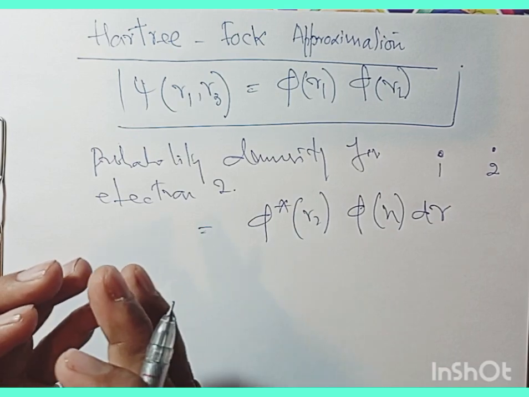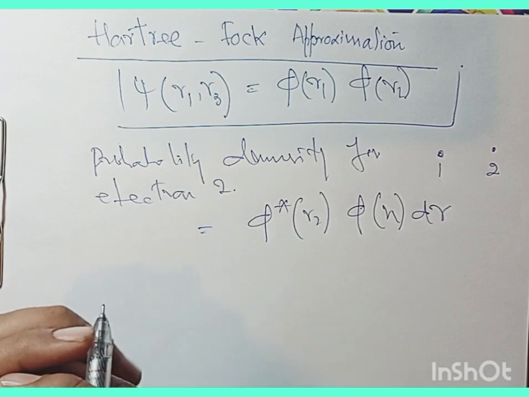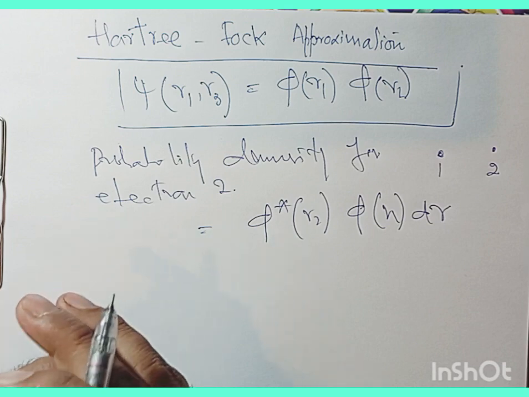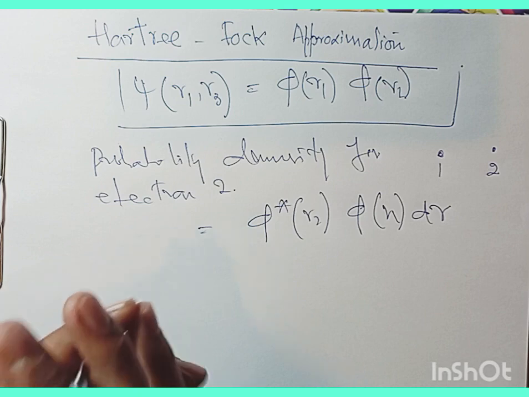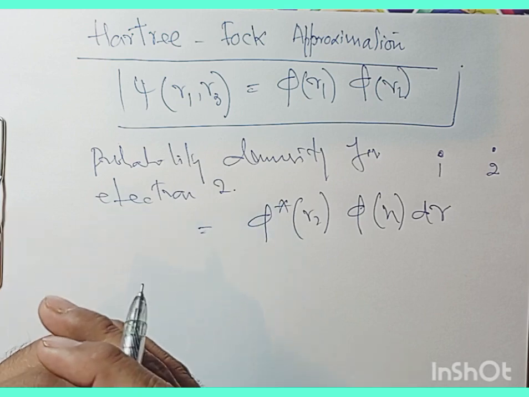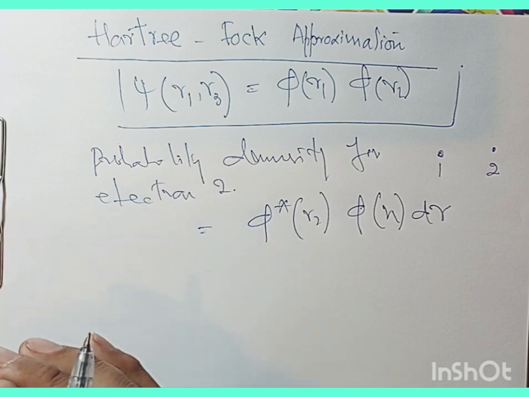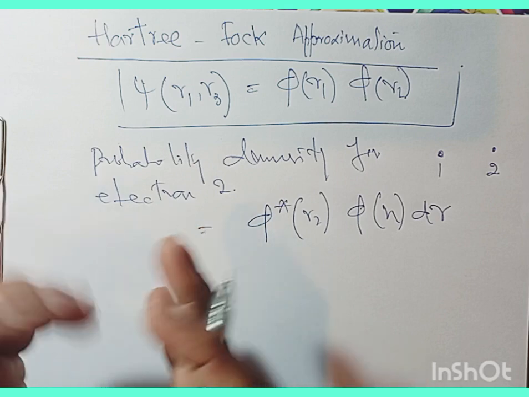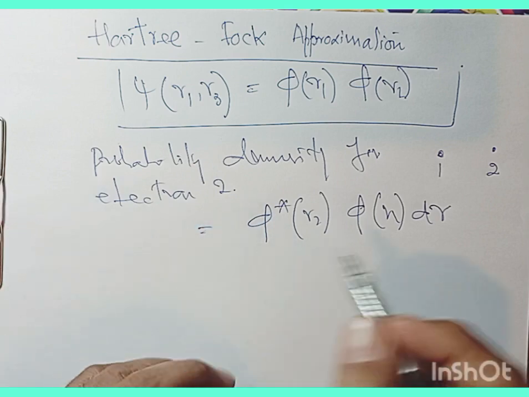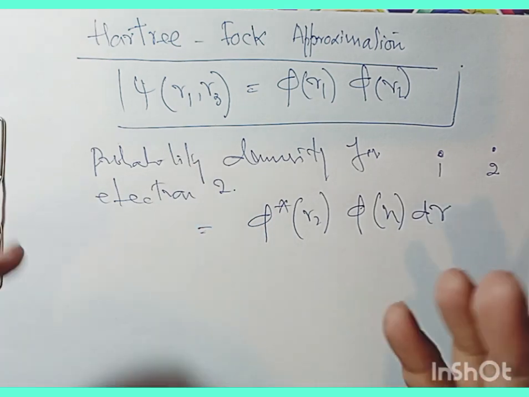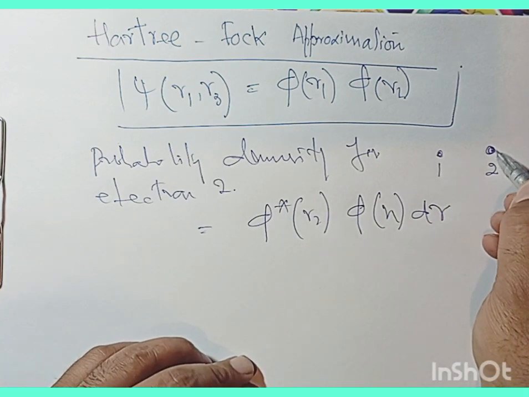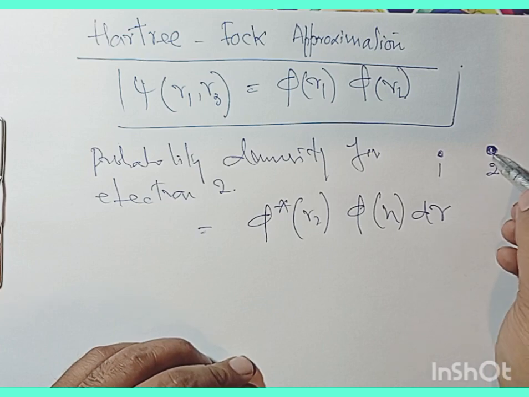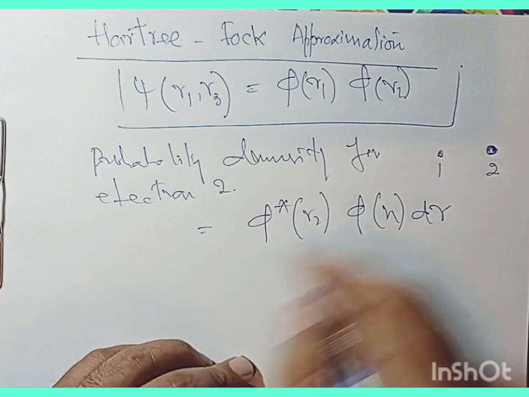Now, rather than trying to solve the equation in a single shot, we instead convert this spatial orbital, the orbital for electron 2, into a classical charge distribution.